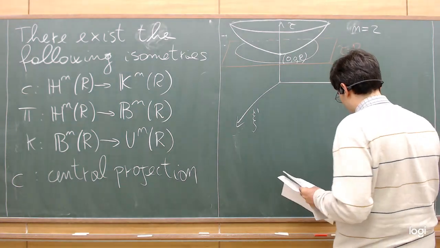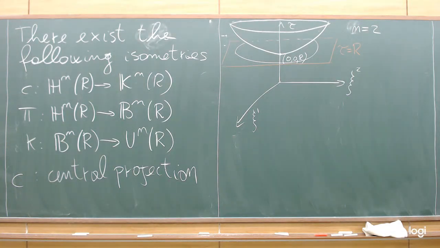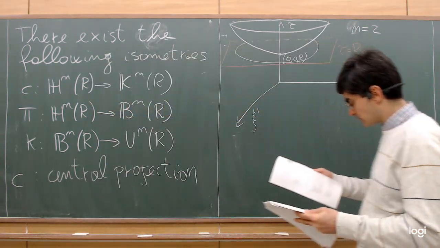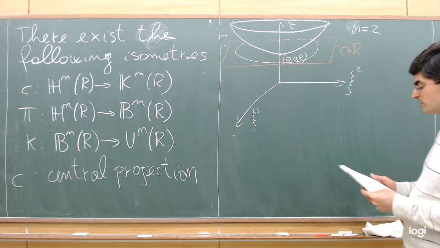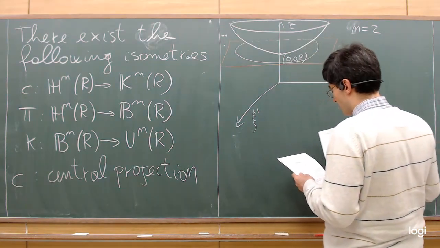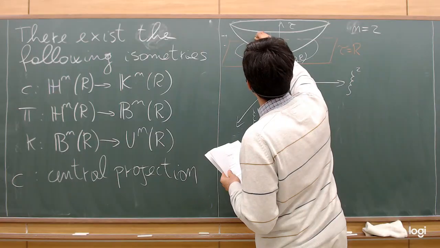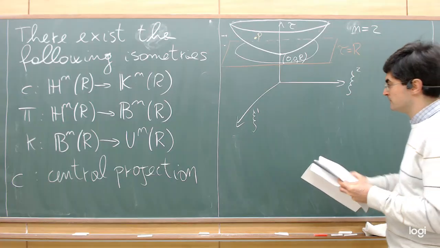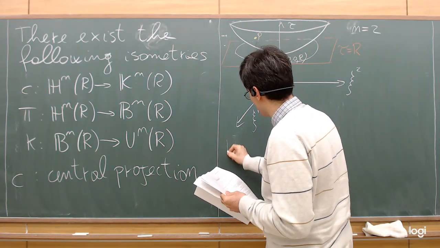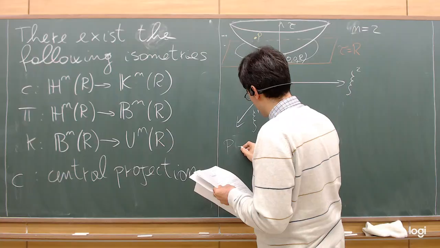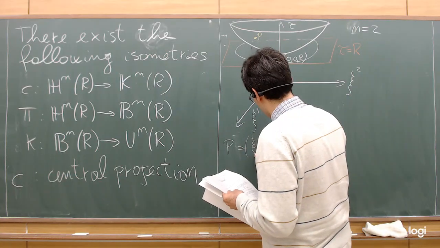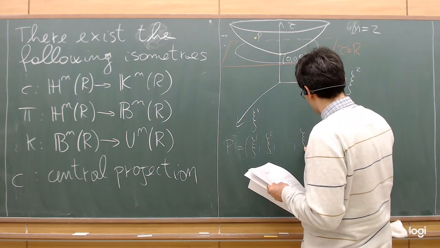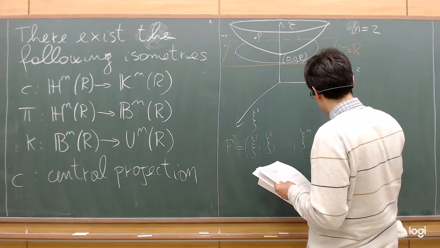And now we will construct the map C as follows. Suppose that P is a point on this hyperboloid having coordinates xi_1, xi_2, ..., xi_n, tau.